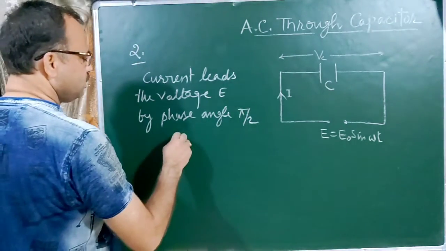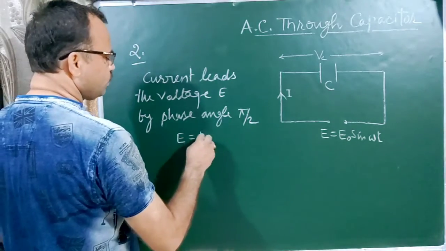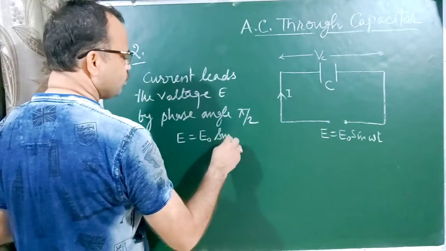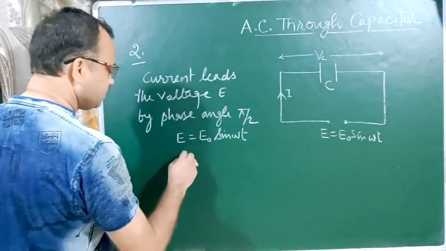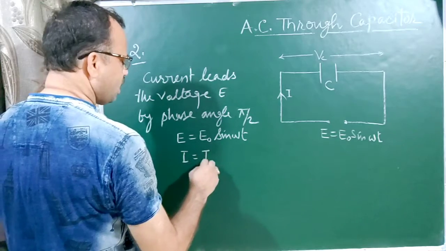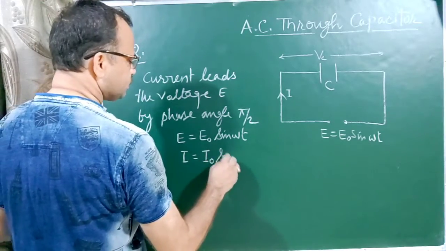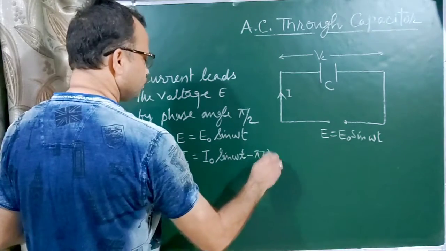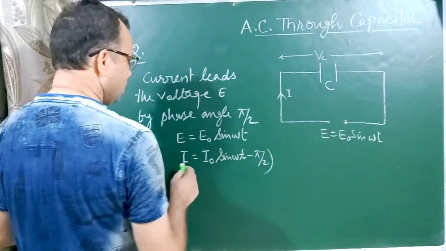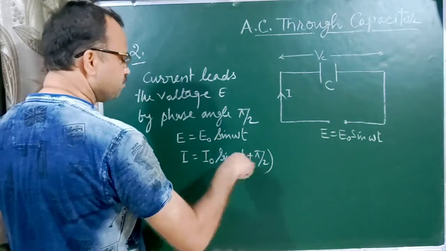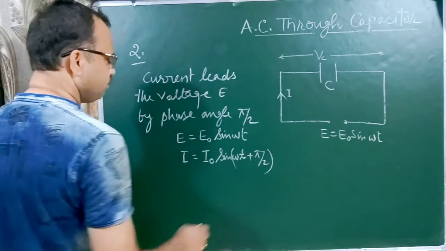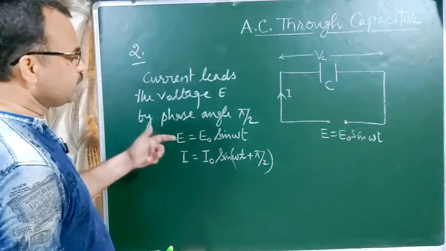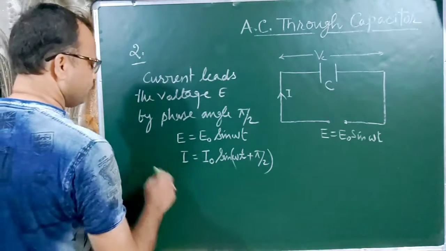It means if E is equal to E naught sin omega t, then the current will be I equal to I naught sin of omega t plus pi by 2, because the current leads the voltage by phase angle pi by 2.